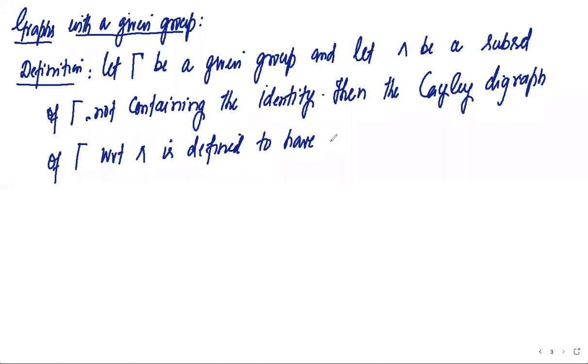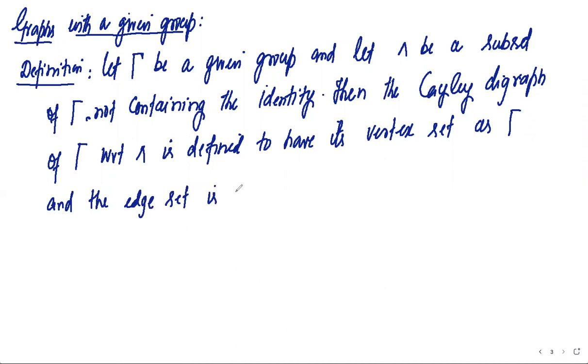to have its vertex set as gamma. That means all the elements of the group are considered as the vertices of this Cayley diagram, and the edge set is, suppose E of gamma, which is defined as the pairs gamma and gamma h, such that h belongs to tilde. So actually, first we take the vertex set.